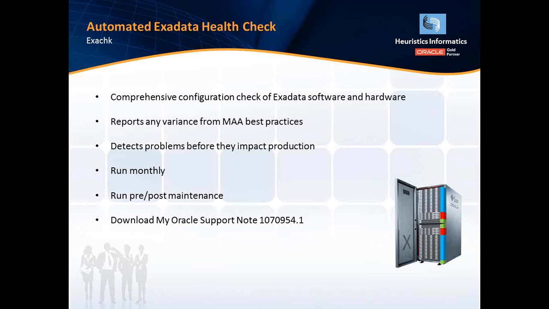It could be anything in the InfiniBand network to the database nodes to something specific on the database nodes themselves. For example, a particular memory DIMM has failed or is not working properly. So it will give you all of that information in there. It also reports any variances that you may have from standard MAA best practices, and suggests any configuration changes or corrective measures that we should be taking.